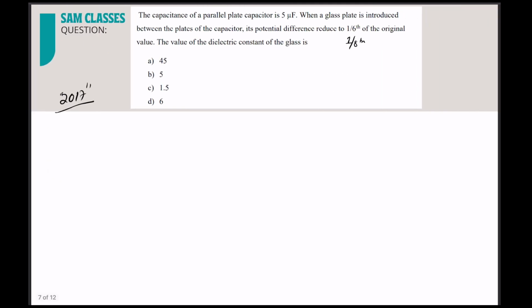Okay. Next question again. The capacitance of a parallel plate capacitor is 5. Now they're telling that when a glass plate is introduced between the plates of the capacitor, the potential difference reduced to 1/6 of the original. In some questions it is written 1/8, so we don't know the actual value, so I'll show you for both.